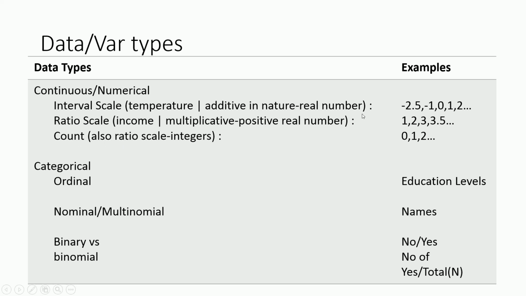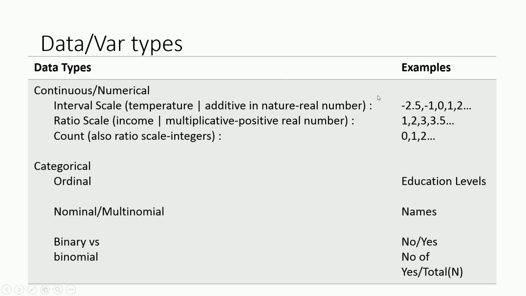Now, interval scale basically in simple terms means that the numbers can be negative, they can be positive, they can be fractions as well, as you can see here, minus 2.5. And the 0 is also included in the whole set of numbers. The best example to understand would be temperature. Say, for example, an object has a temperature of 35 degrees centigrade. One of the interesting properties of this type of data is that it is normally additive in nature.